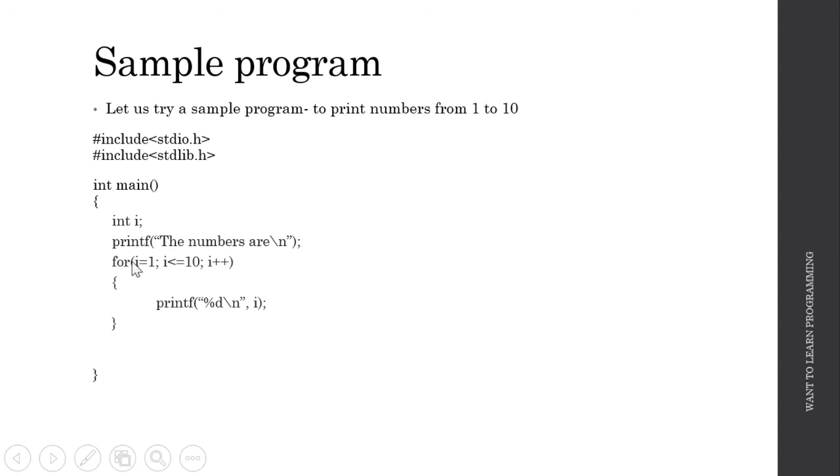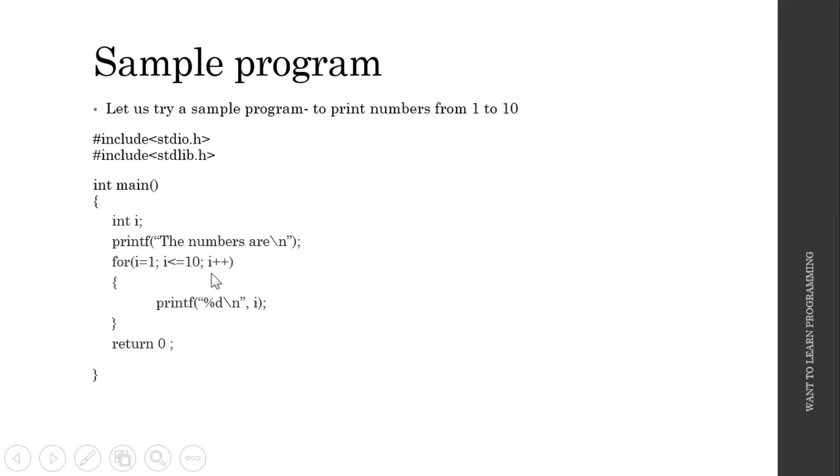So what happens is, first i equals 1, it checks if i is smaller than or equal to 10, yes it is. Then it prints i, that is 1. Next, it goes and increments the variable i to 2. Now it checks if 2 is smaller than or equal to 10. Yes, it is. So it goes and prints 2 here. Next, it goes again to increment i to 3 and so on.